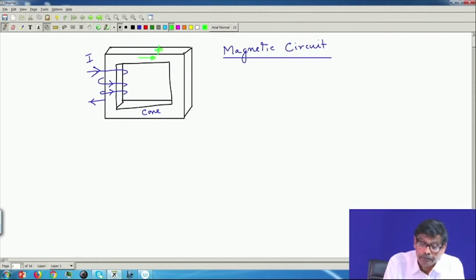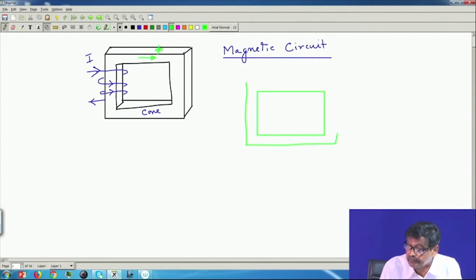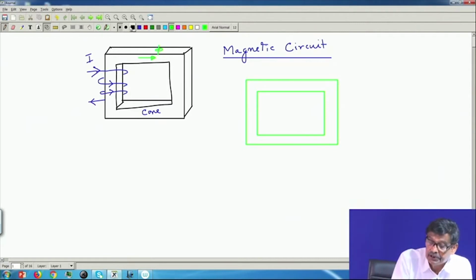For example, if I draw the sectional view of the core like this, then the conductors can be shown like this.